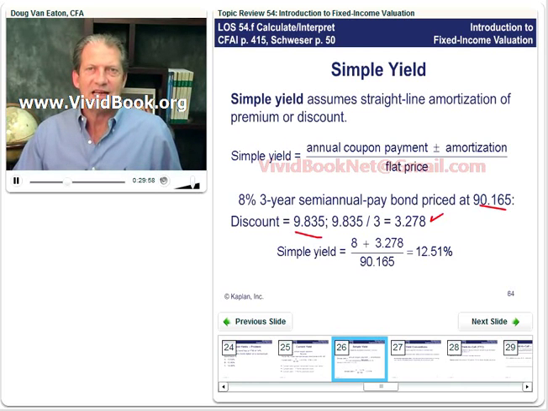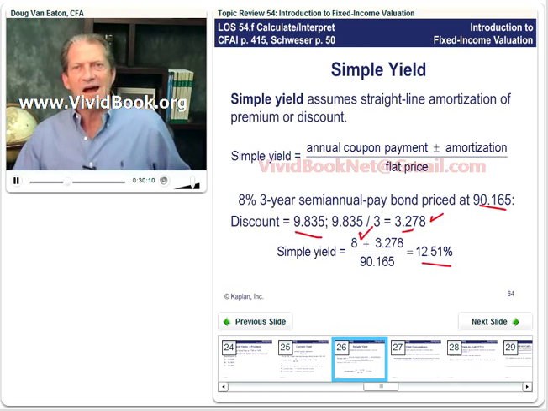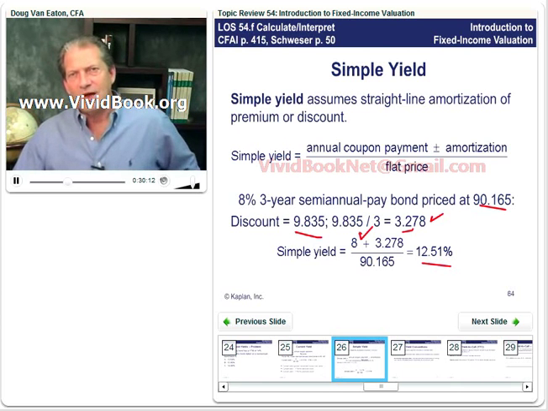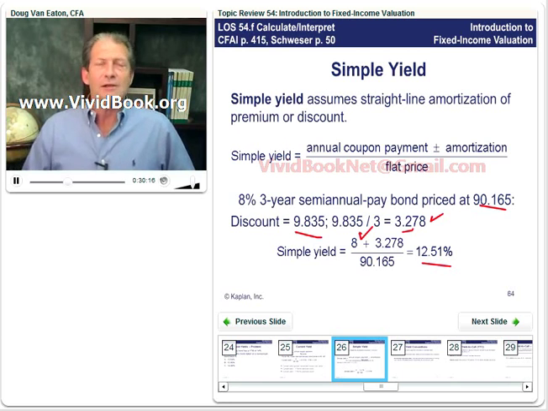So we add that to the annual coupon payments of 8, add that movement toward par value, and we get a simple yield of 12.51%. So now it looks like we've overshot our yield to maturity a little, but we're certainly closer to it.